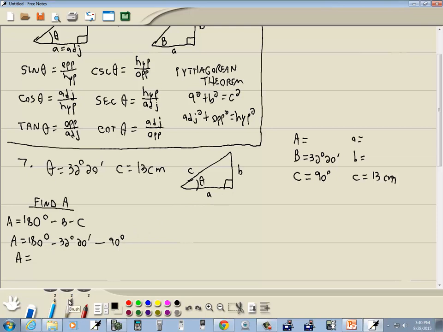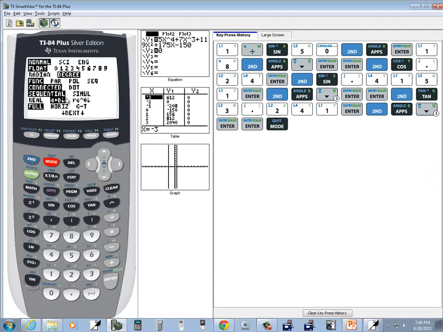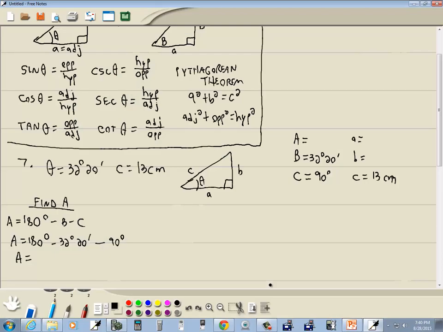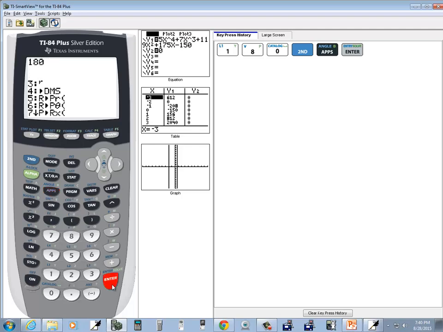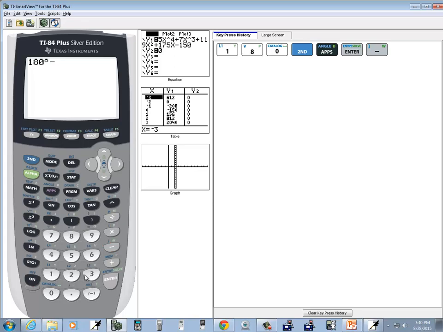And let's plug that in the calculator to see what we get. I think I'm in degrees. Let me press mode just to verify. Yeah, degrees. So do second mode to exit out. Then I'll put in my 180 degrees. So I do 180, go to my angle menu, enter on degrees, minus 32 degrees.